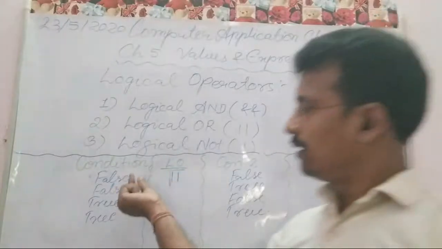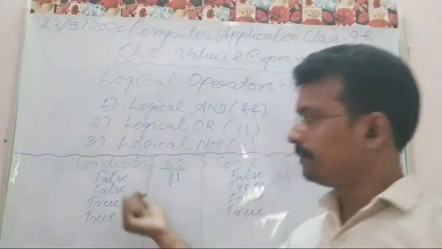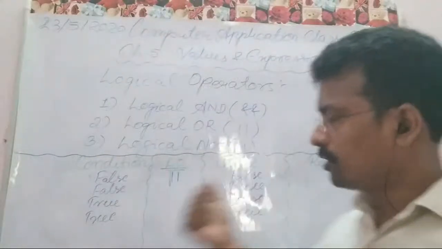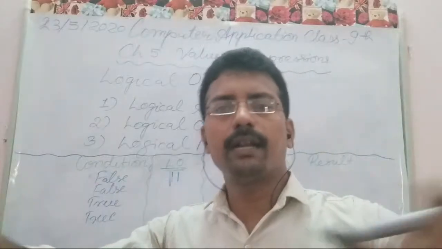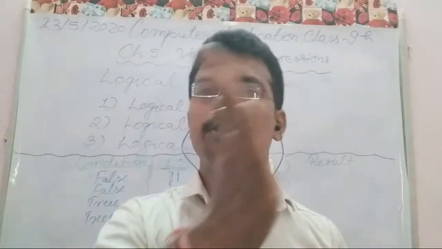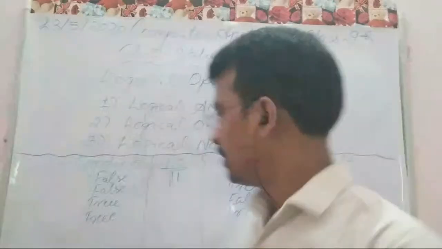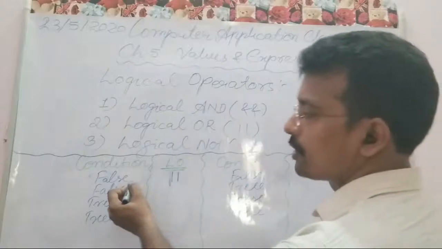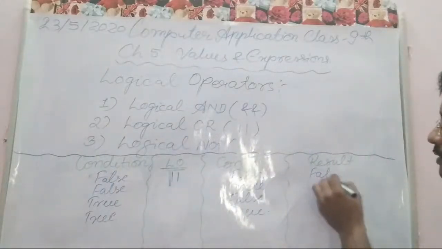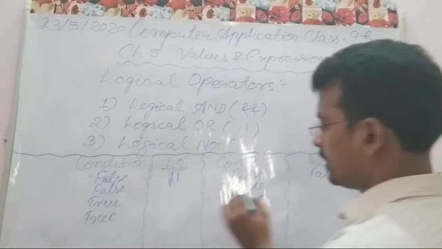I am using the OR operator: false or false. The OR operator says, however many conditions are there, if any one is true, I will return a true result. So just guess. First condition is false, second is false. No one is true, that's why false. First condition is false, second is true.